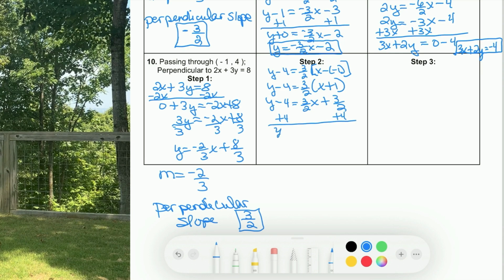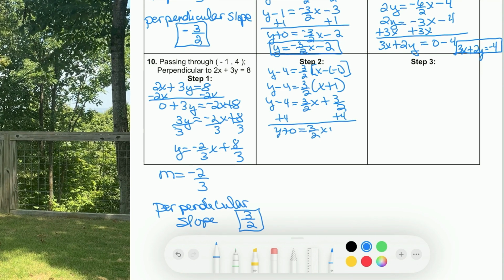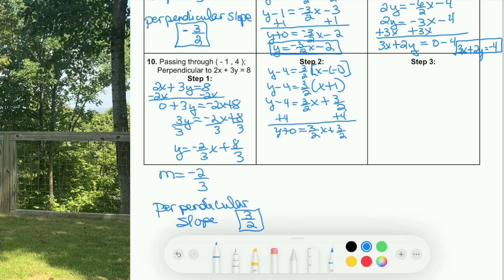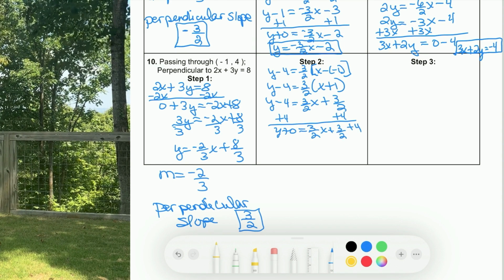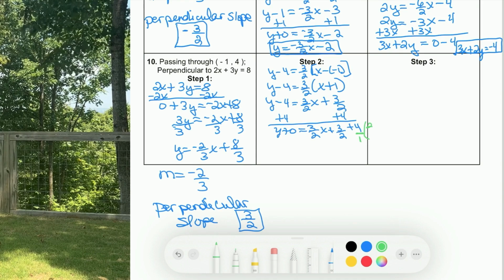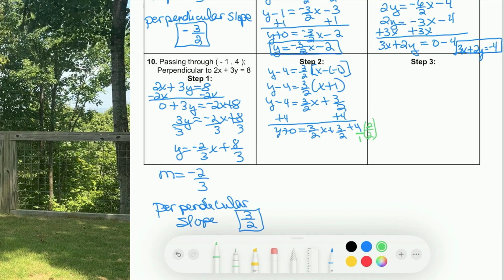I get y plus 0 equals 3/2 x plus 3/2 plus 4. I need to adjust the 4 so that I can actually add it to the 3/2. So I'm going to put it over a 1, and I'm going to multiply it by 2 over 2, so we can get a 2 as our denominator.